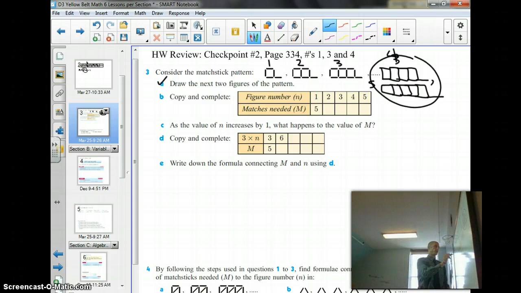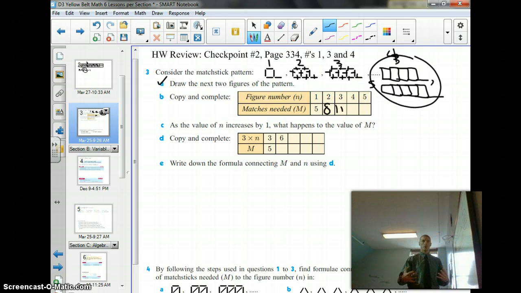So you got to check for A. For B, we need to fill in. Figure 1 has 5. Figure 2 has 8. Figure 3 has 11.